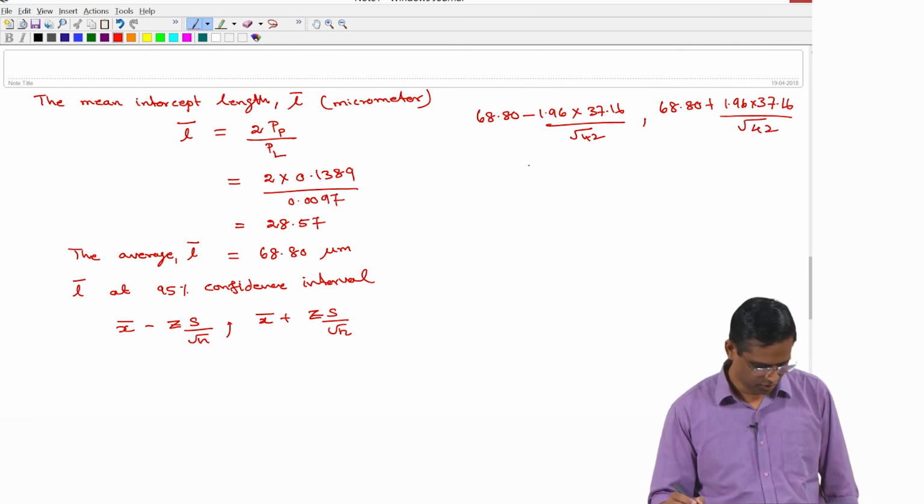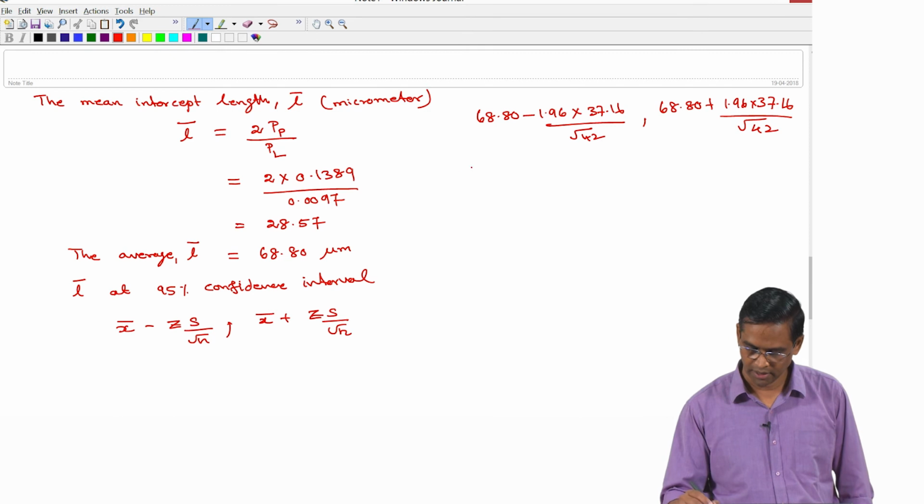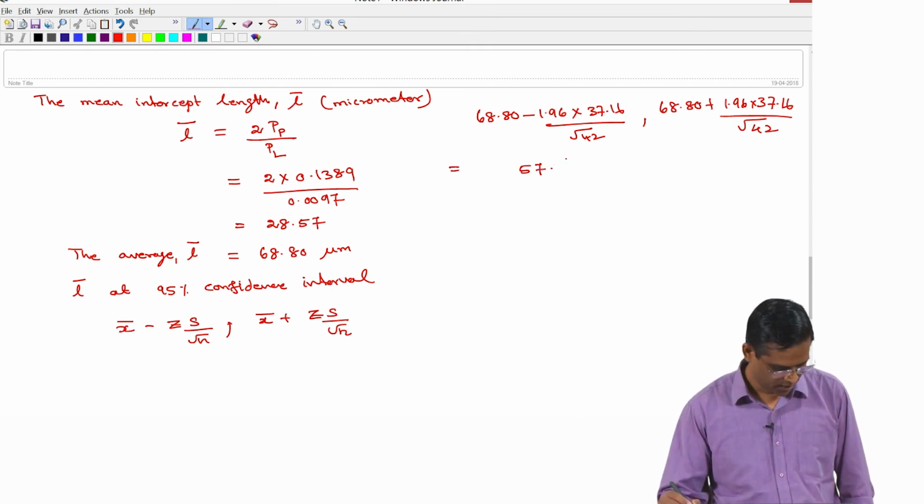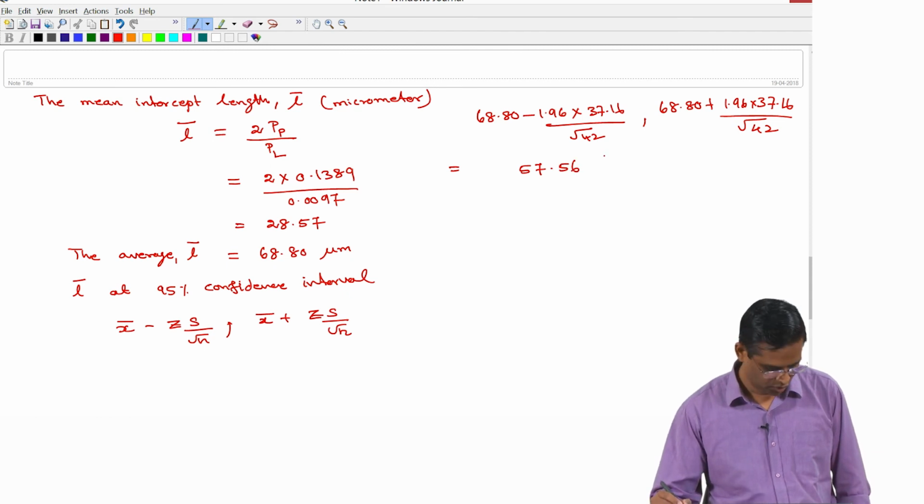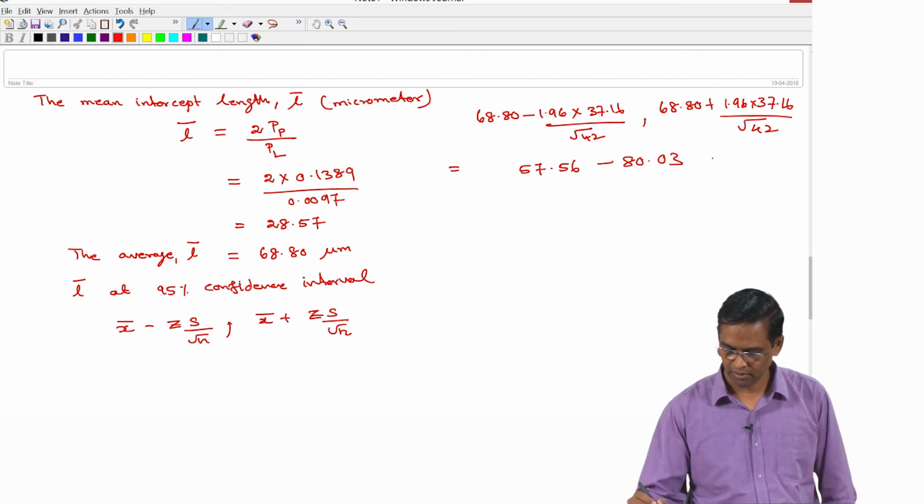So, you get two values similar to the earlier cases. So, you have 57.56 to 80.03 micrometer. So, this is a range of L bar.